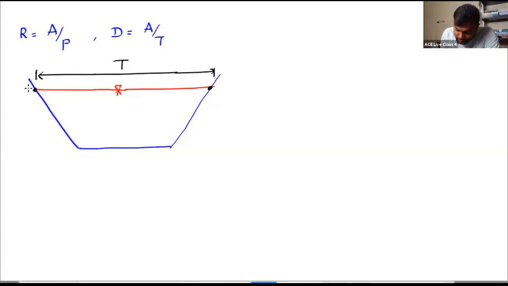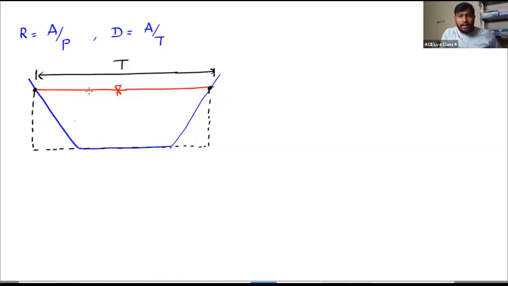So for that, now you see. I'm just dropping the rectangle. I hope you can understand. Whatever the dotted line I am drawing here, this is a rectangle or not? Yes.